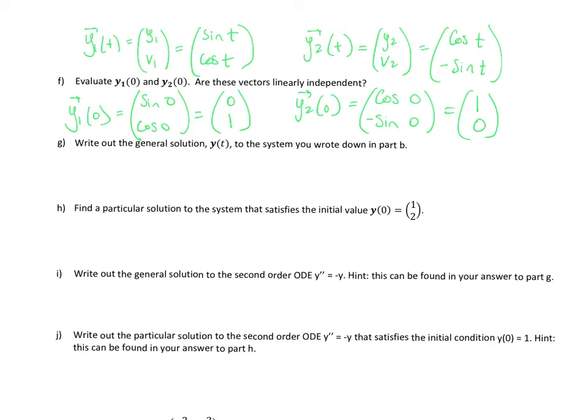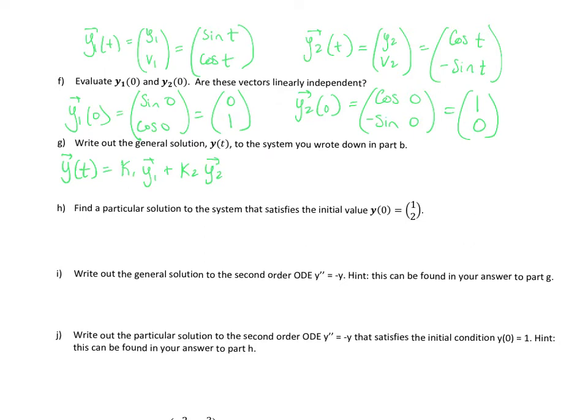Okay, write down the general solution to the system you wrote down in part B. So because my y1 of 0 and y2 of 0 vectors are linearly independent, because one is not a multiple of the other, that means that my general solution, y of t, will have the format k1 y1 plus k2 y2.